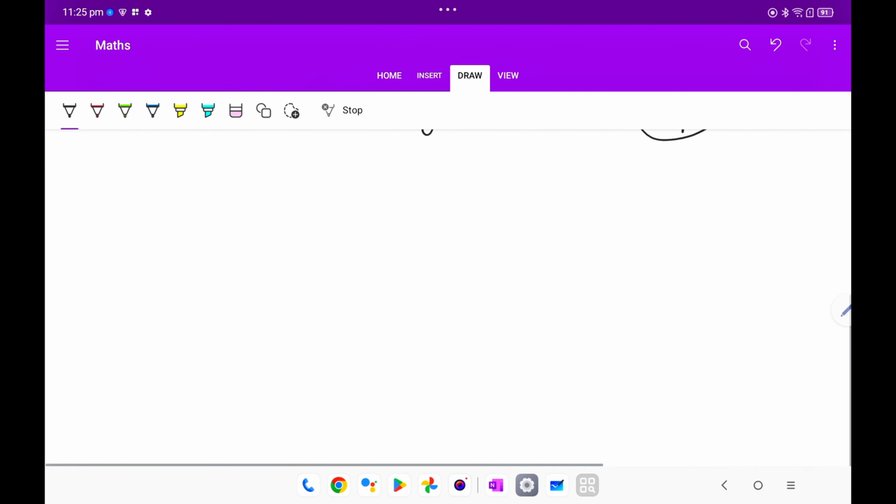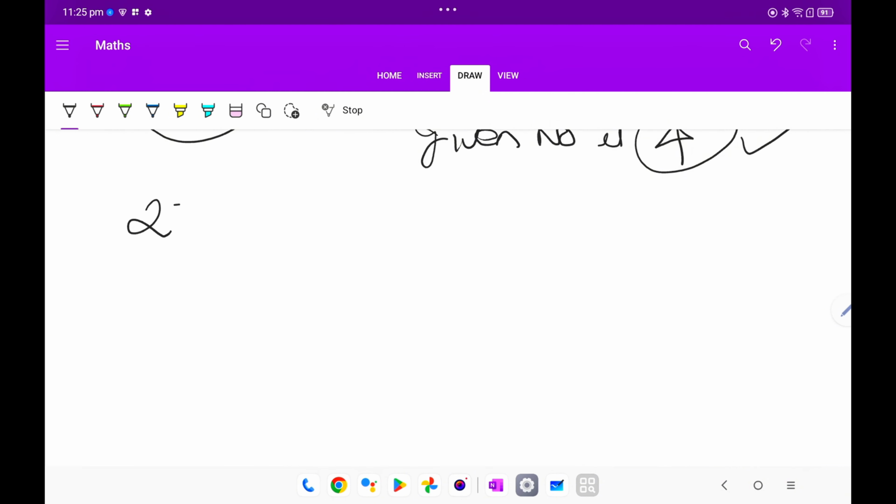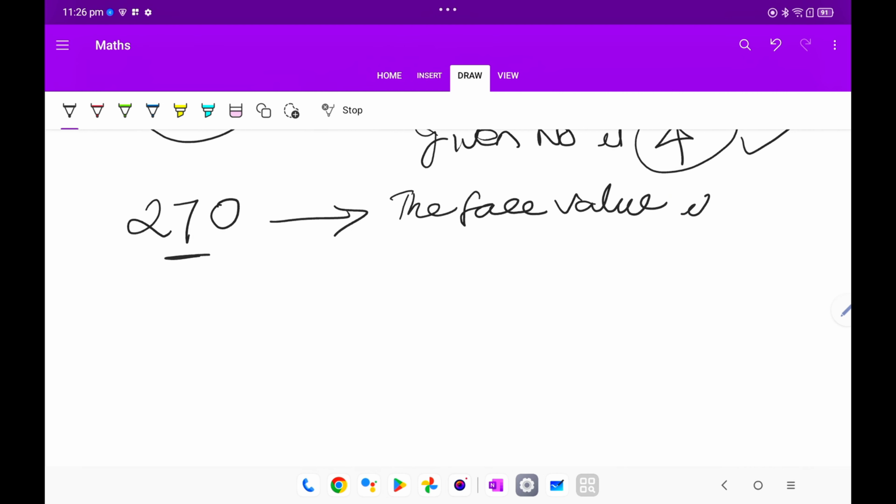Okay, let's see another example. If you want to write the face value of a given number, and this time the underline is under the number 7, wherever the underline is given, that will be your face value. So the face value is 7.